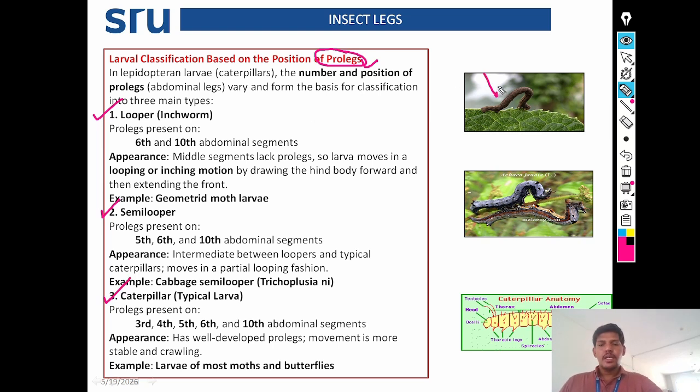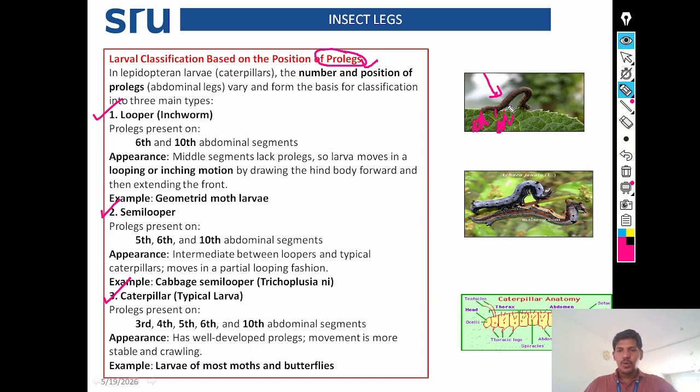Looper, see here the image, this is the looper. We also call it inchworm or earth measurer. In this looper, prolegs are there on the 6th and 10th abdominal segments. Middle segments lack prolegs.